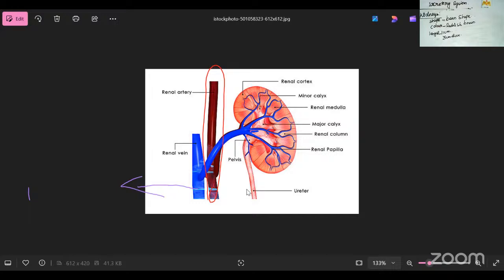The ureter carries the urine from the kidney to the urinary bladder.